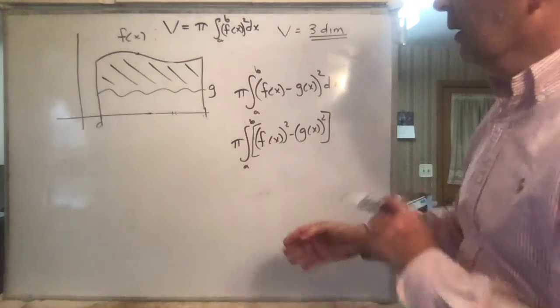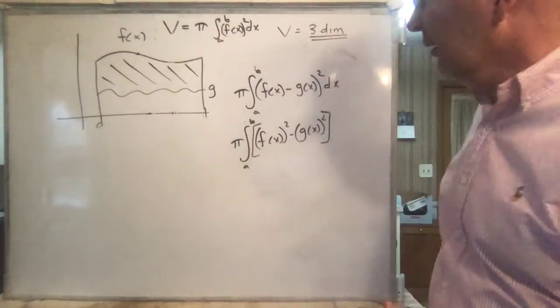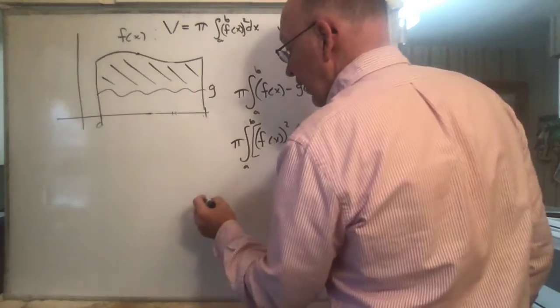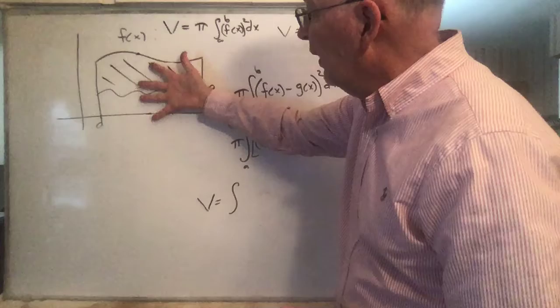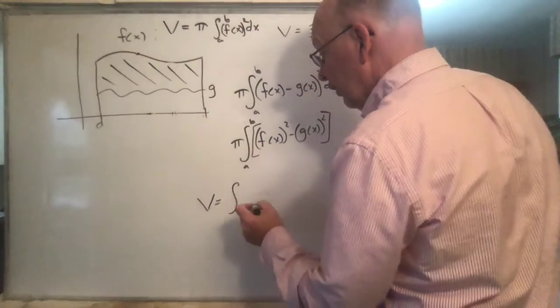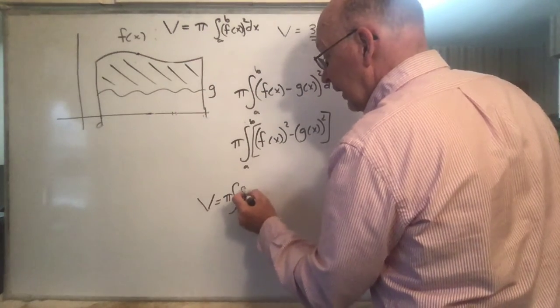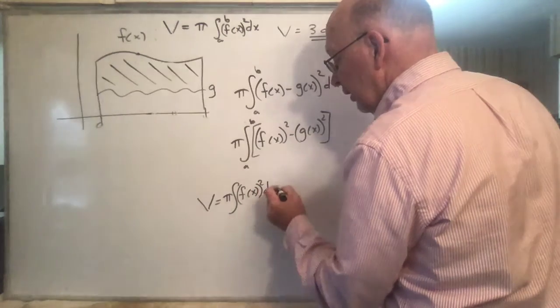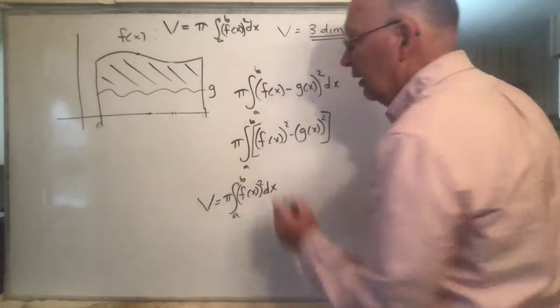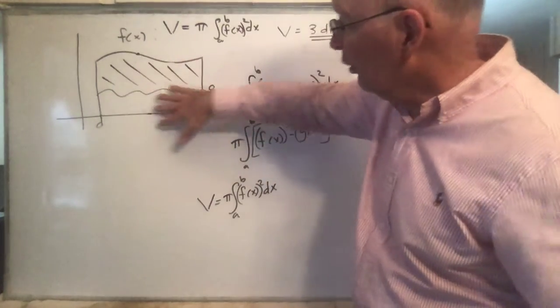I say, to get this region right here, the way to do it is to first find the volume of this whole big region going all the way around, which is pi times f of x quantity squared dx from a to b. That's everything, including this.